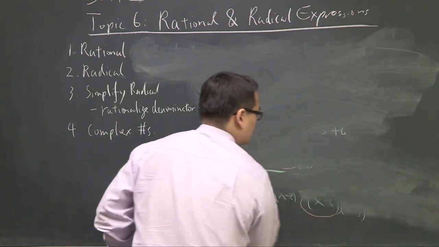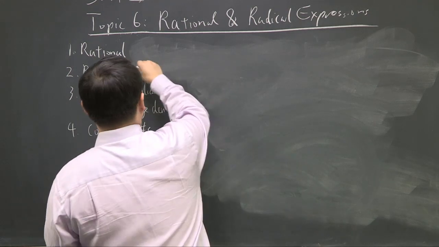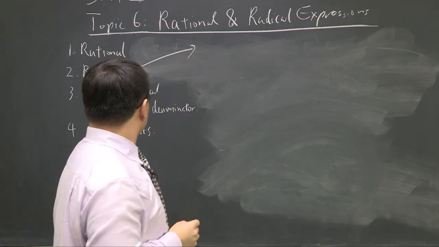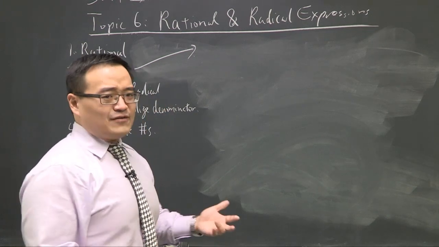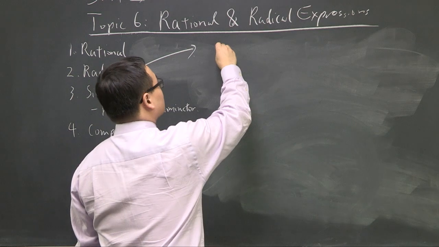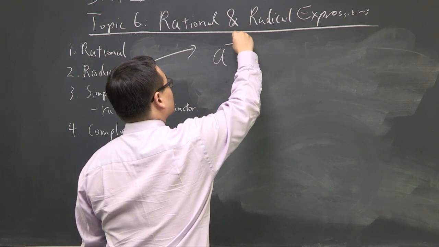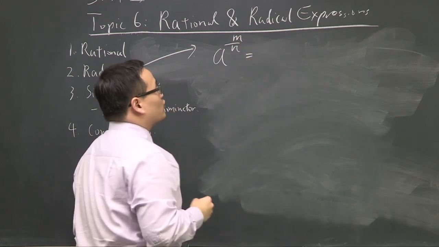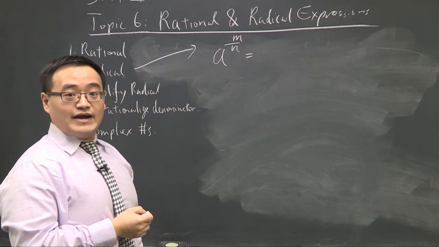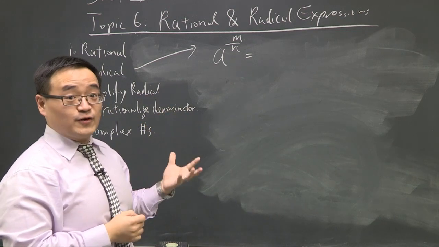Let's move on to radical expressions. Okay? Radical expression. How do I express a radical? It will just be what? A to the m over n. Right? A to the m over n. So again, I like to express everything in terms of exponents.